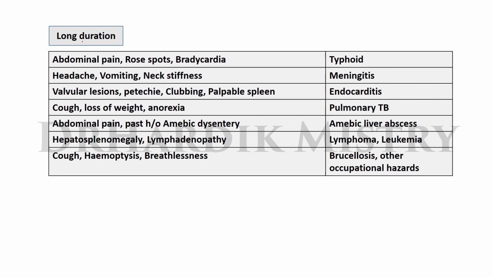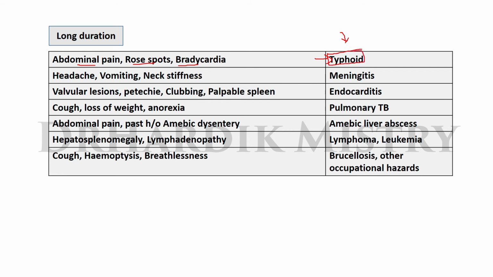When the fever is of long duration along with abdominal pain, rose spots and bradycardia, then we can say that the fever is due to typhoid. That is the most probable diagnosis we can put. So we know the duration of the fever, long duration plus abdominal pain, rose spots and bradycardia, then we can say that the fever is most probably of typhoid origin.